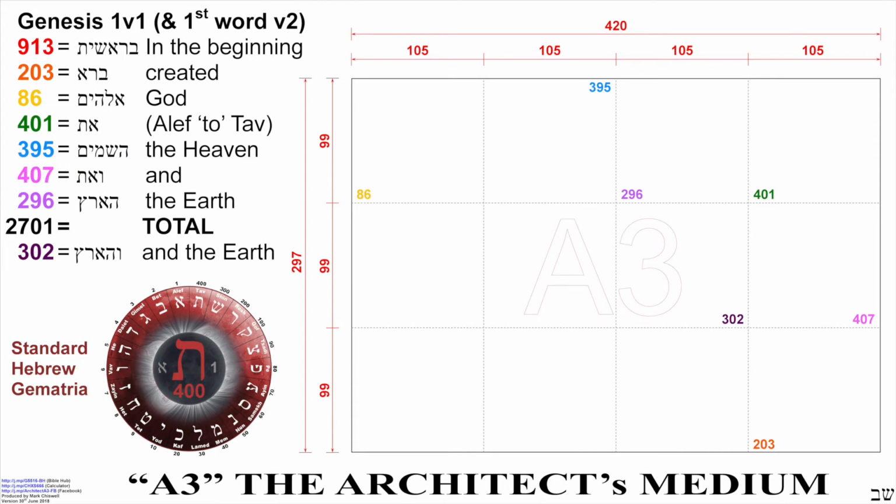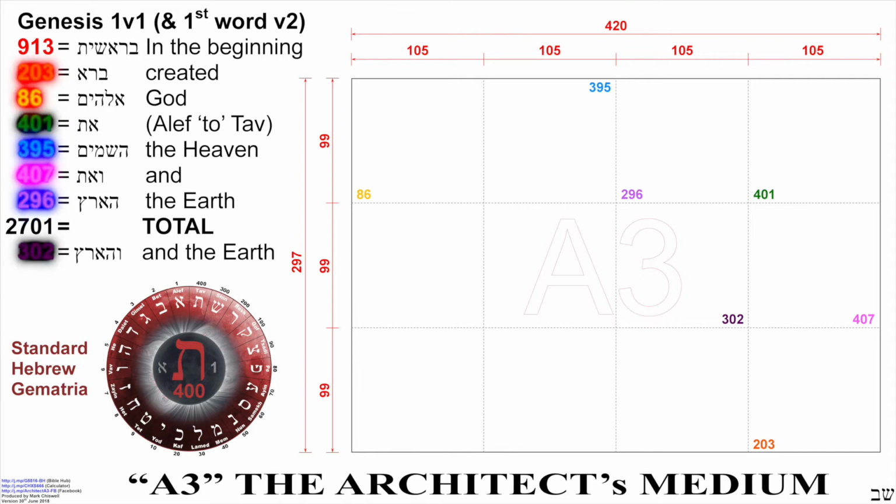And the gematria for the Hebrew word for the earth is 296, as shown by the light purple text. And the gematria for and the earth is 302, as shown by the dark purple text.